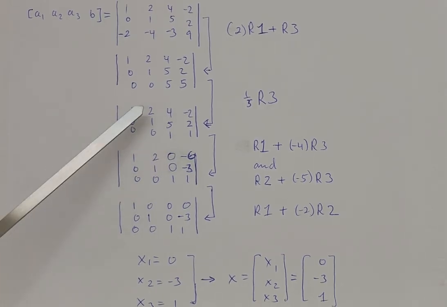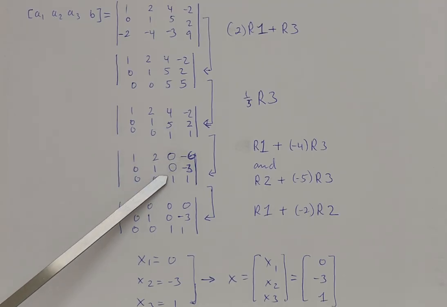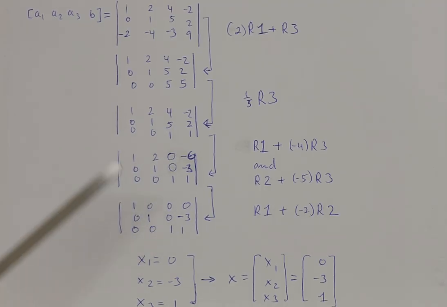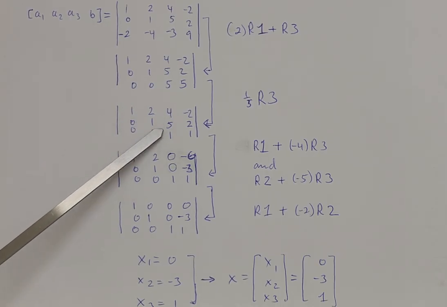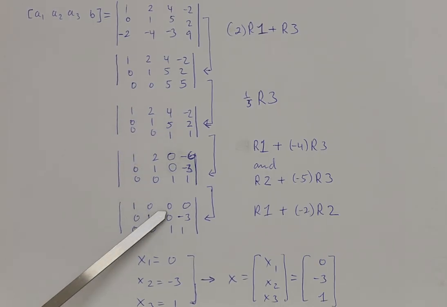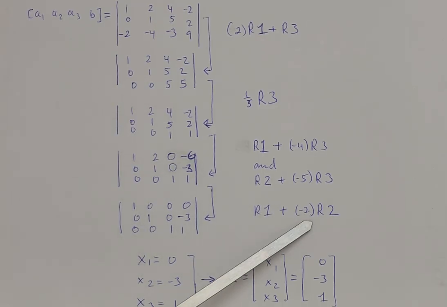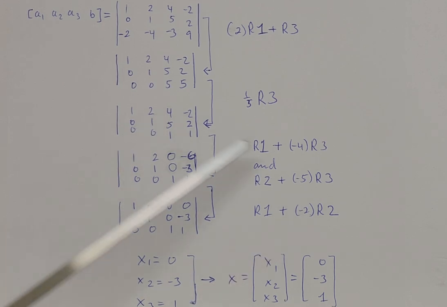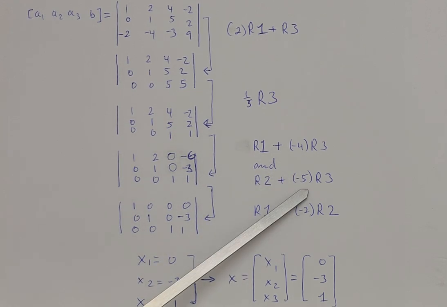Next, we need to make this 2, this 4, this 5 become 0. As you can see here, 0, 0, 0. So the opposite of +2 is -2, the opposite of 4 is -4, the opposite of 5 is -5.